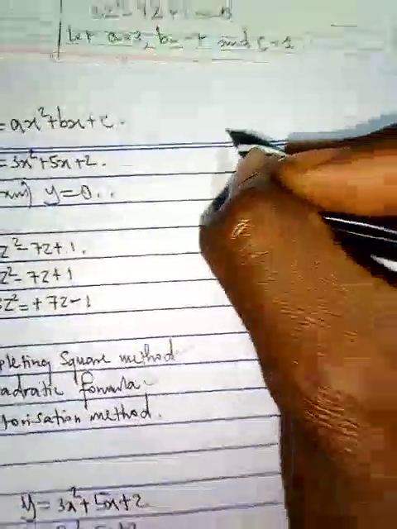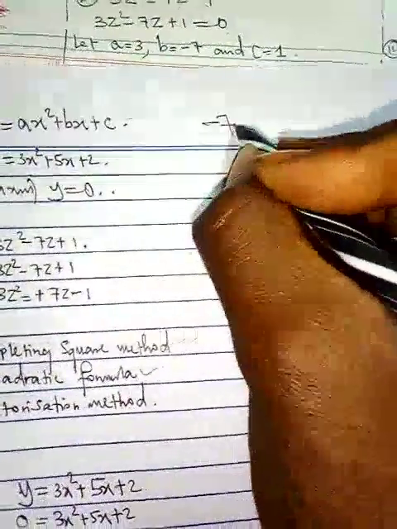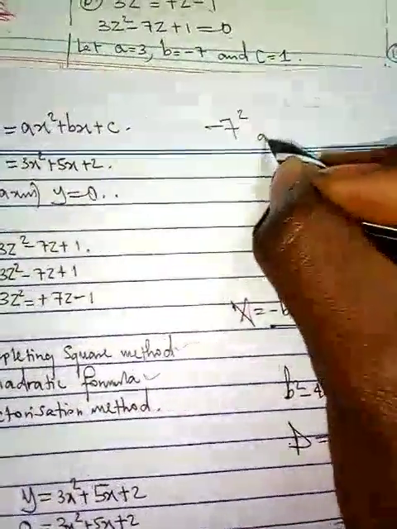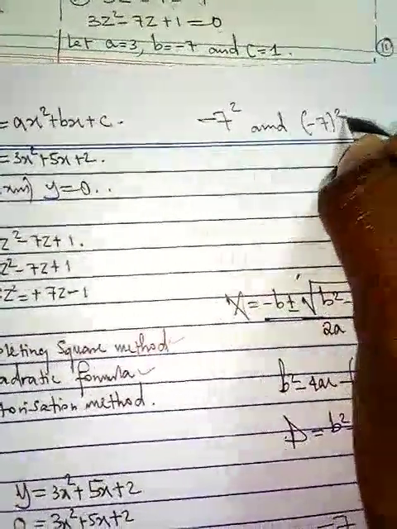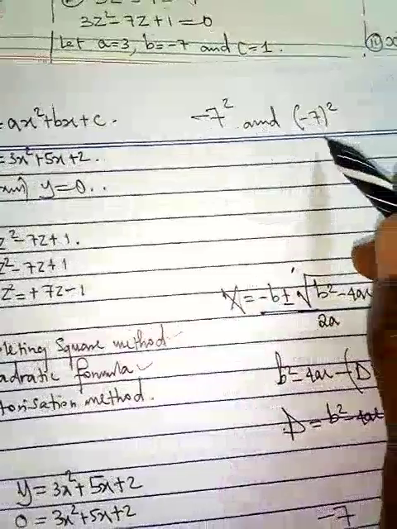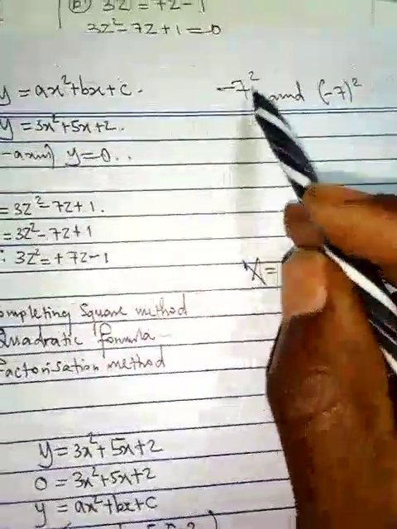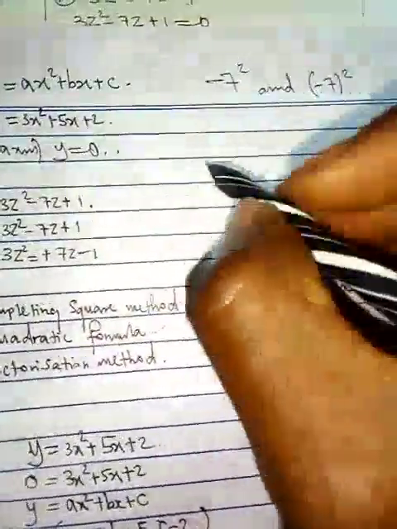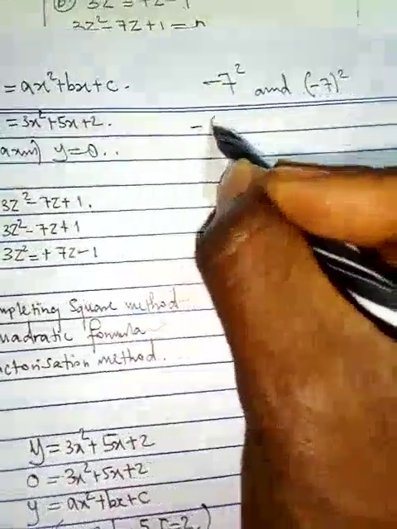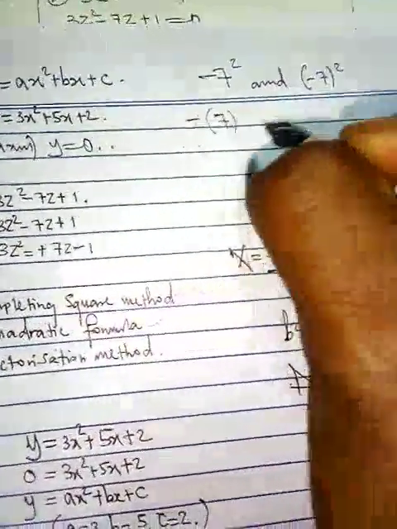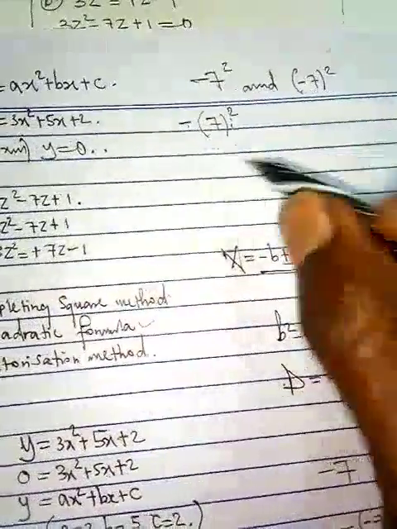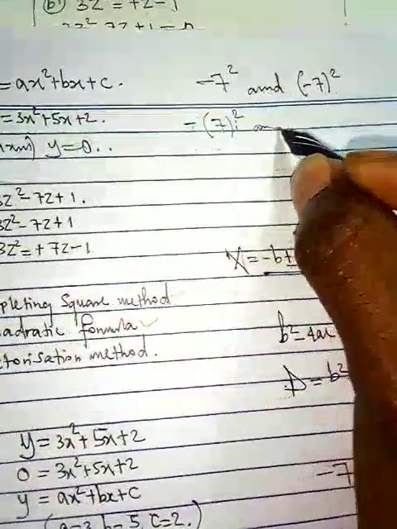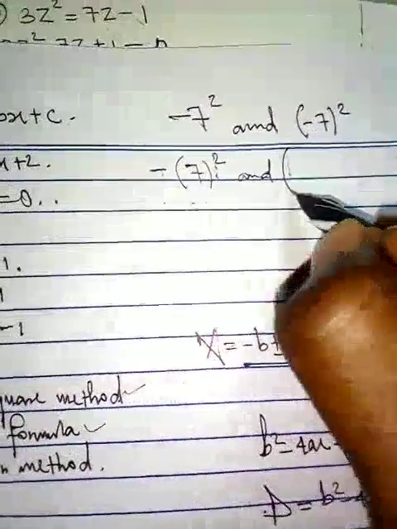Listen, there is a big difference when you write negative 7 squared and negative 7 squared. There is a big difference. This expression here is just the same as writing negative and then 7 squared. And these two things are very, very different.